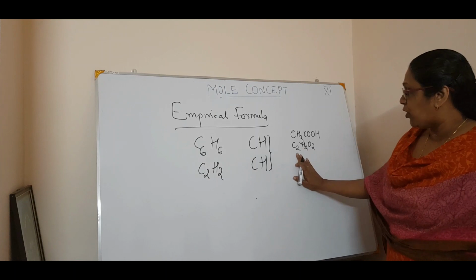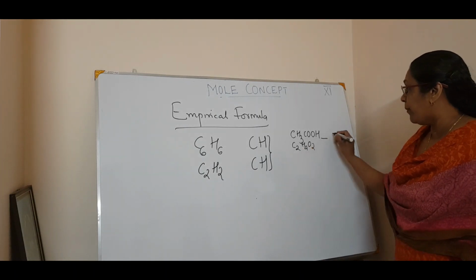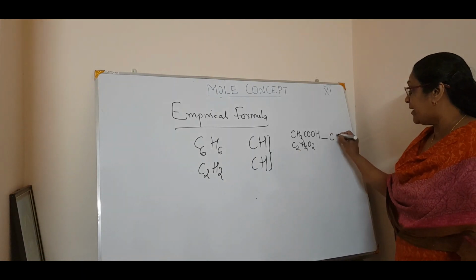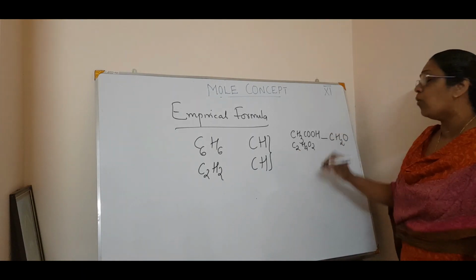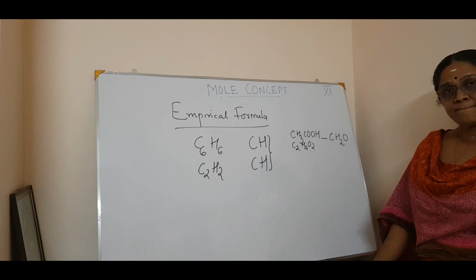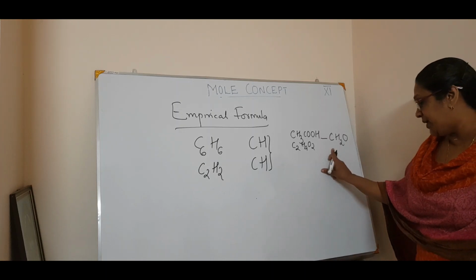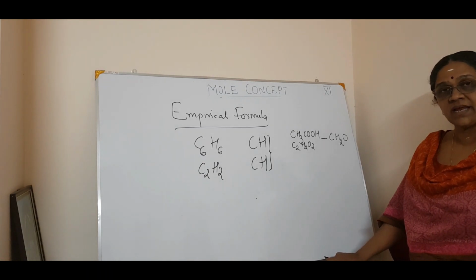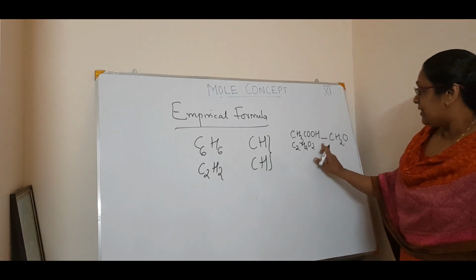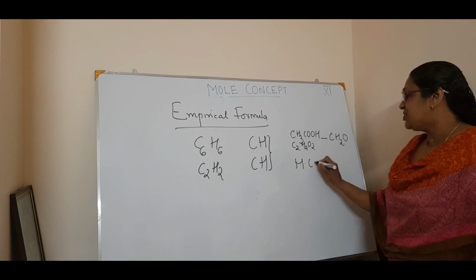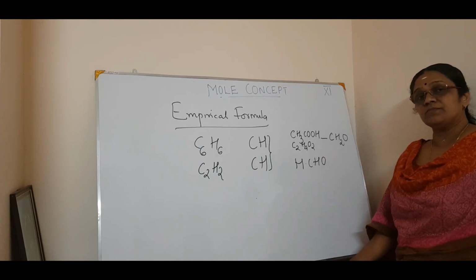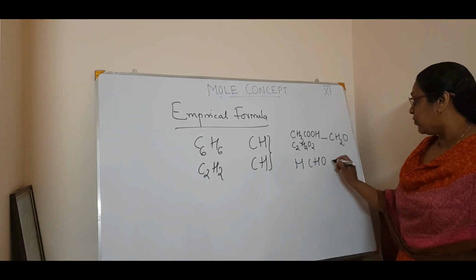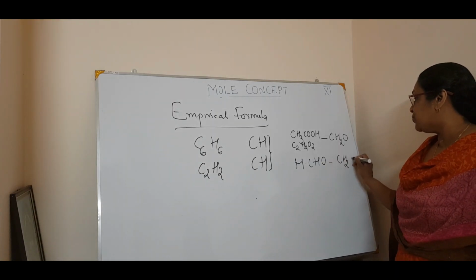If you want an empirical formula, the simplest ratio I can write as CH2O. Are you getting it? The simplest ratio is CH2O. Now, again an aldehyde, HCHO, that is formaldehyde or methanal you have studied. This also I can write as CH2O.